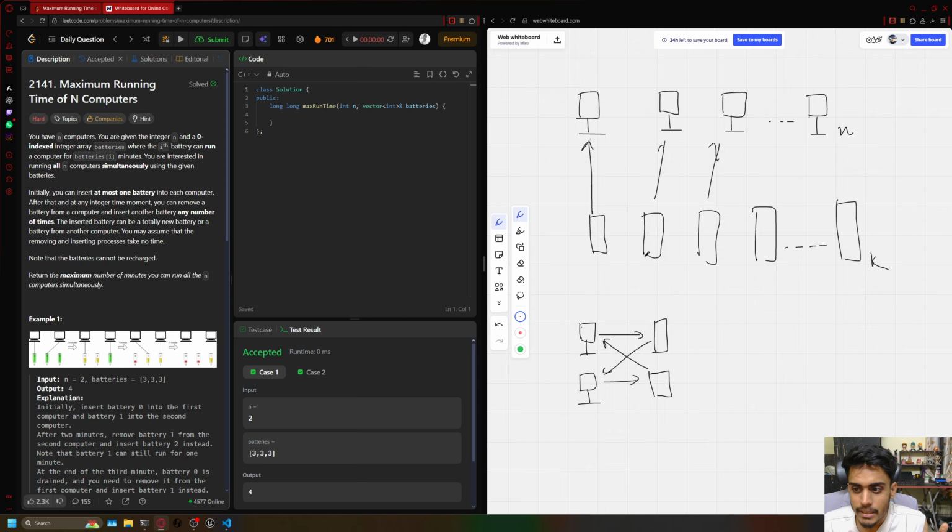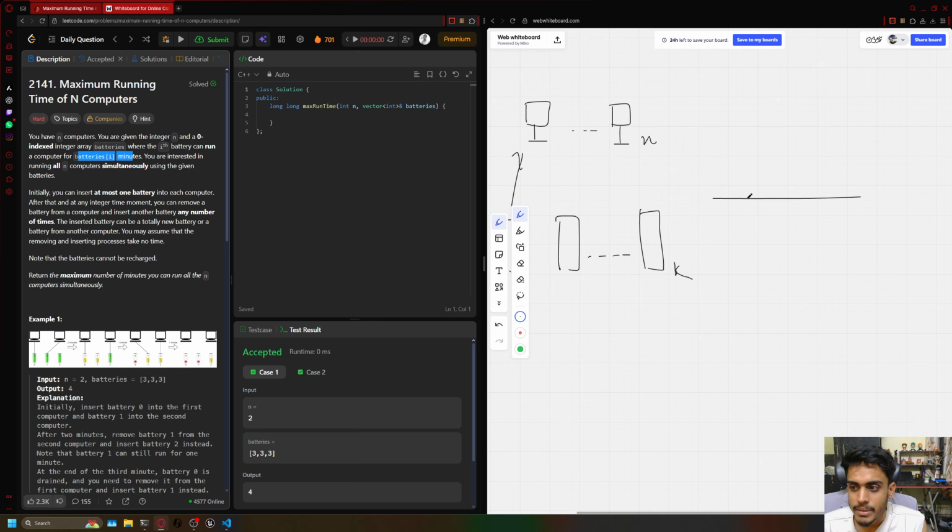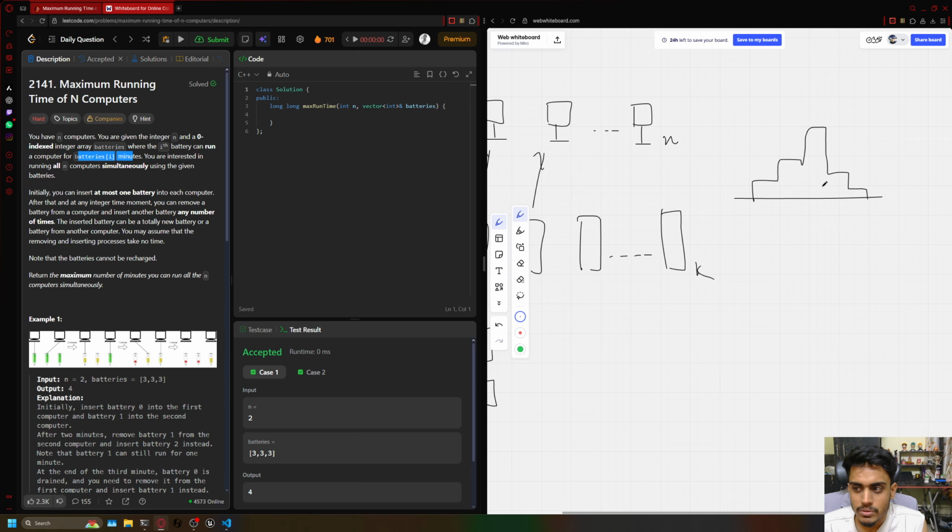The battery minutes that are given will not always be the same. The battery times can vary, some may be low, some may be high. I can get maybe a histogram like this, a kind of histogram of batteries.